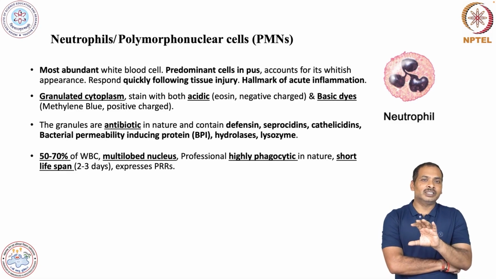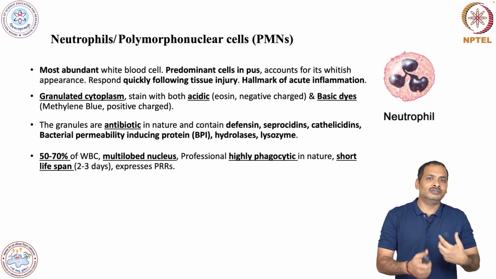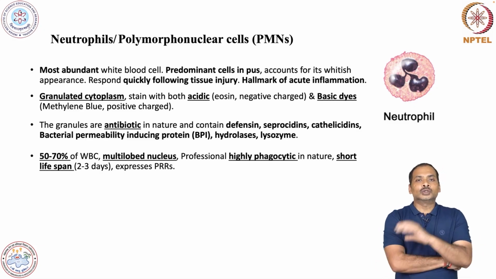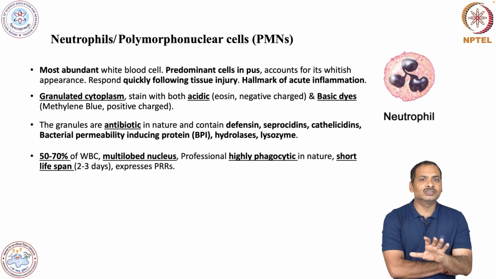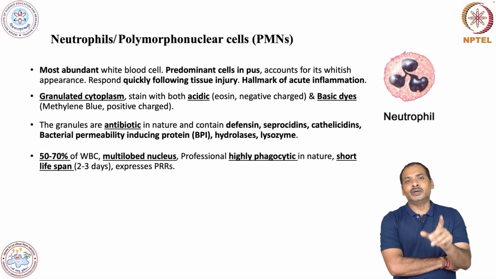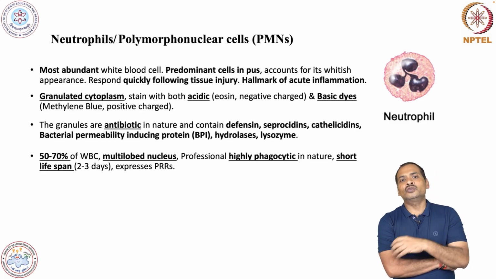Aggressive killer means they have a lot of weapons in order to kill, okay, which I will explain to you in a subsequent slide. Once the pathogen comes in contact with a neutrophil, the pathogen will die, that is for sure. If the pathogen needs to survive, then it needs to find some way by which the neutrophil can be killed.